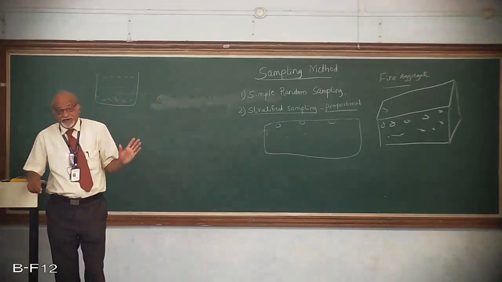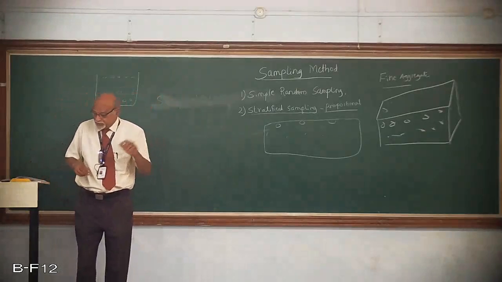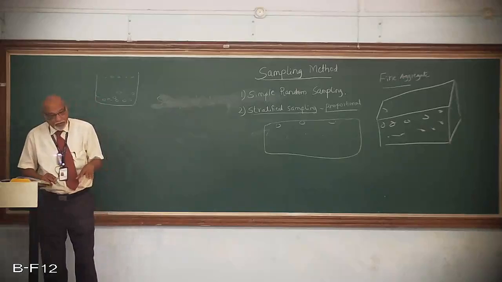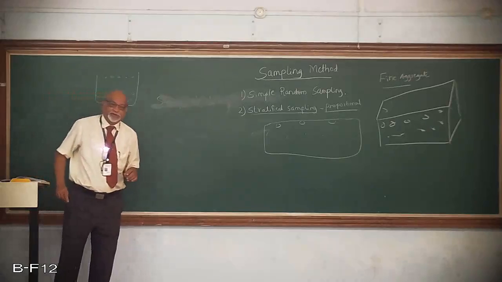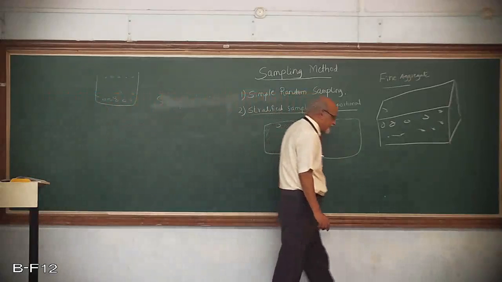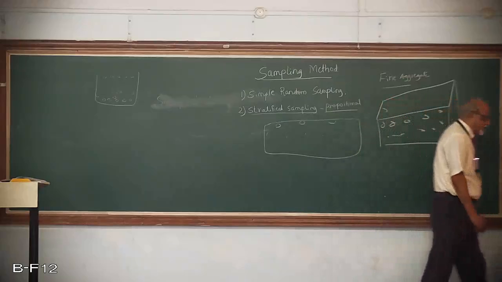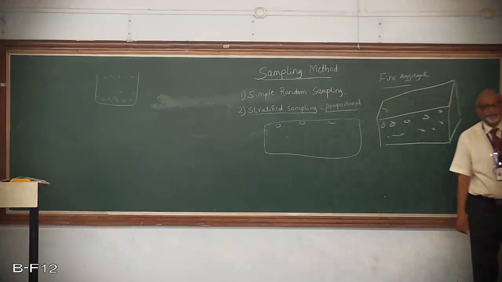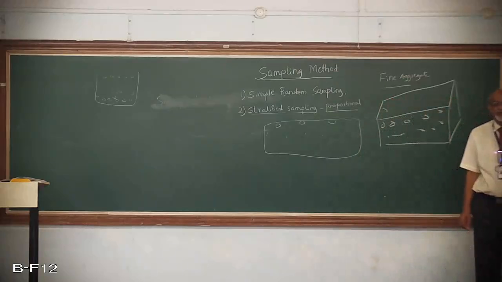Why I am explaining this is that you should not get confused with cluster sampling. Try to understand. There is not much difference between stratified sampling and cluster sampling. You should not get confused at that time.